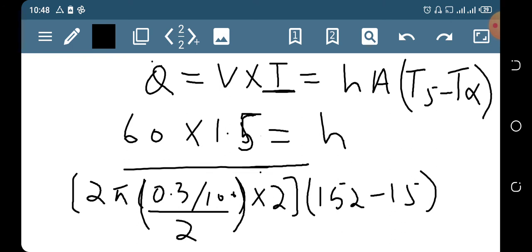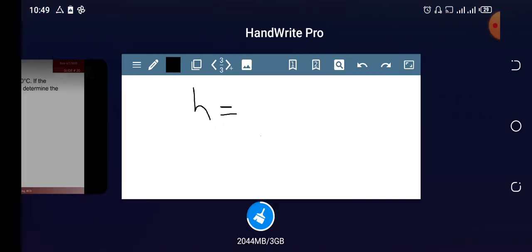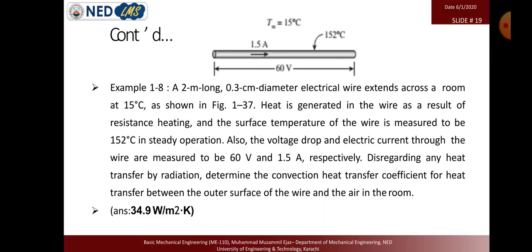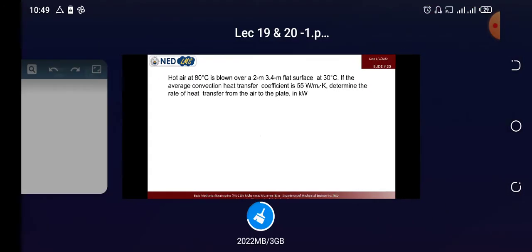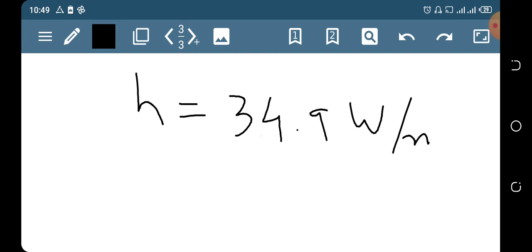By solving this, you will get the value of h as 34.9 watt per meter square Kelvin.